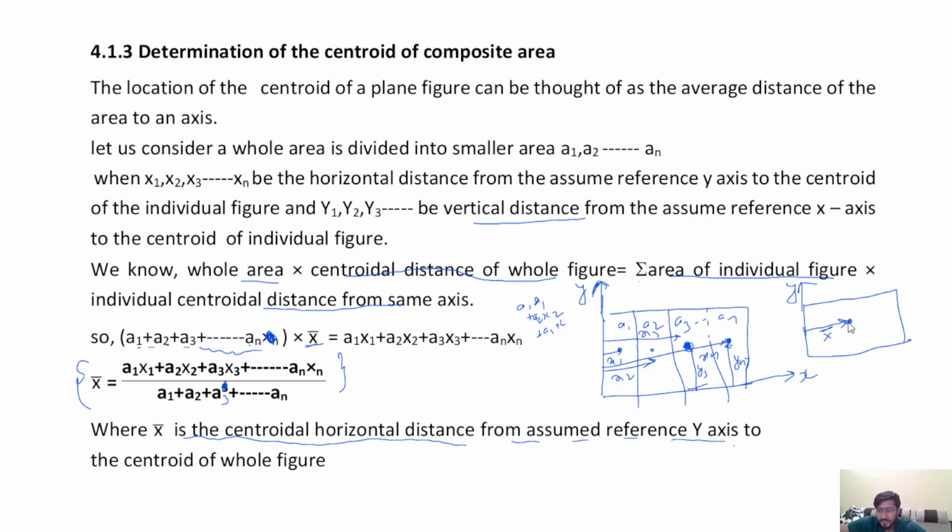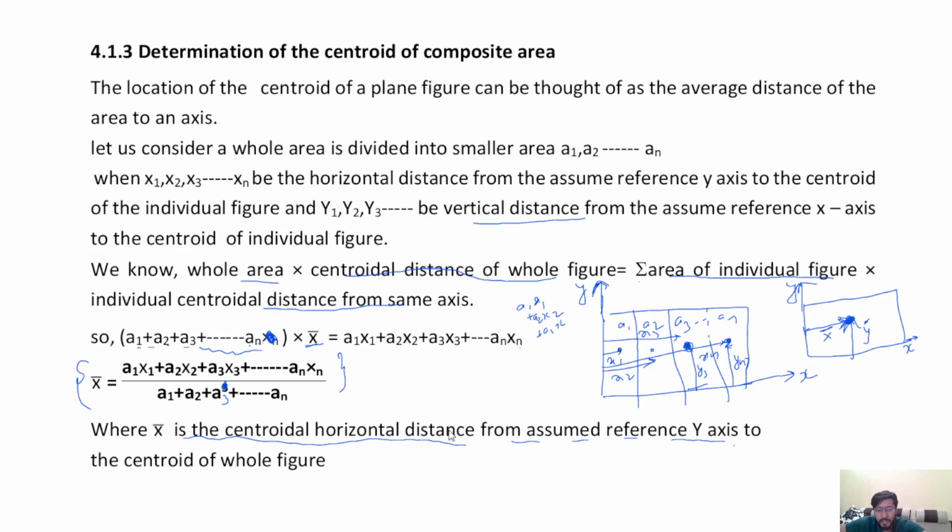If the centroid of the whole figure is at this point, then x bar is the centroidal distance from the reference y-axis and y bar is the centroidal distance from the reference x-axis.